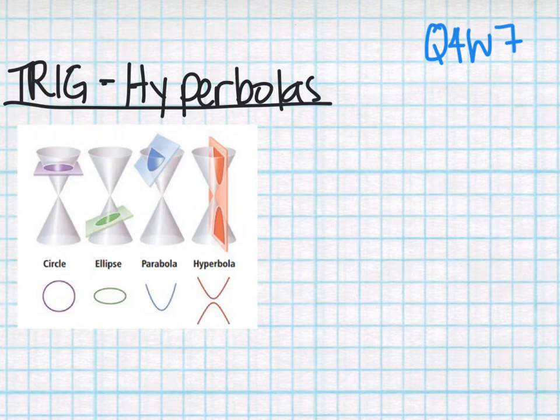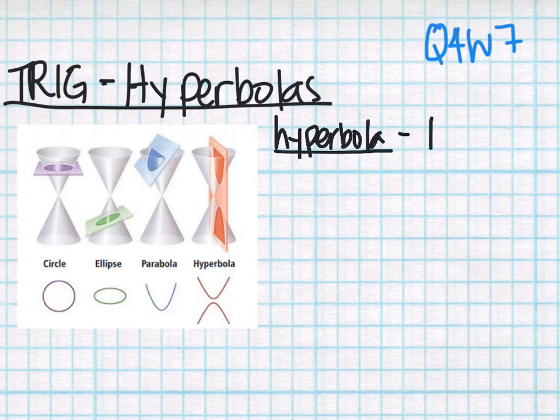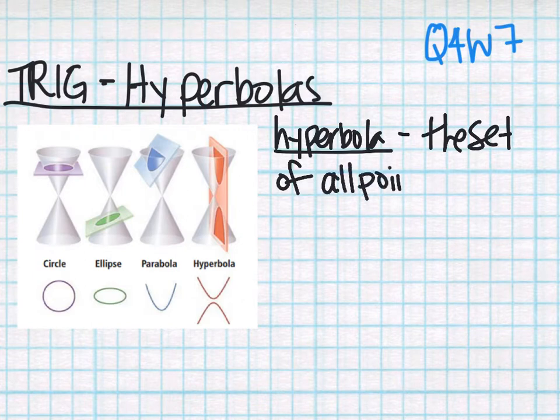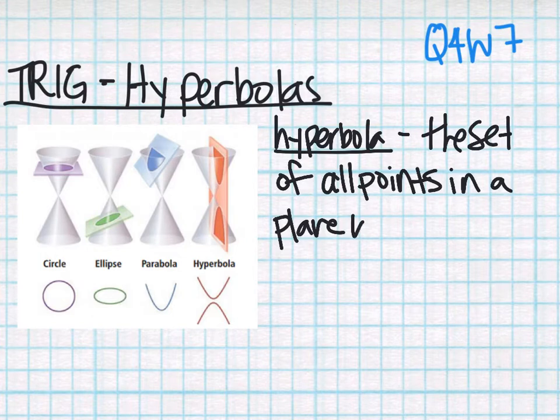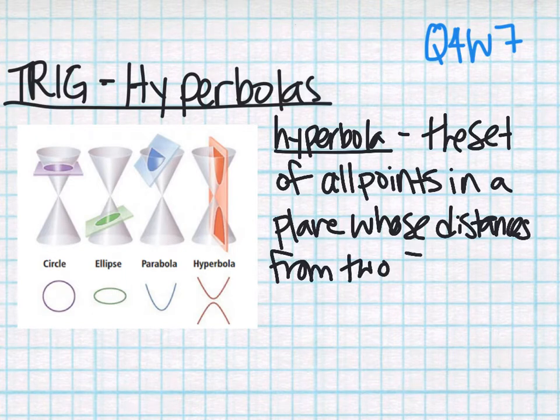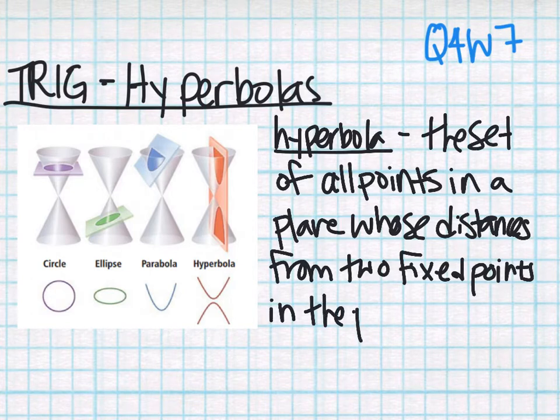Well, our trigonometric definition for a hyperbola is that it is considered to be the set of all points in a plane whose distances from two fixed points in the same plane have a constant difference.